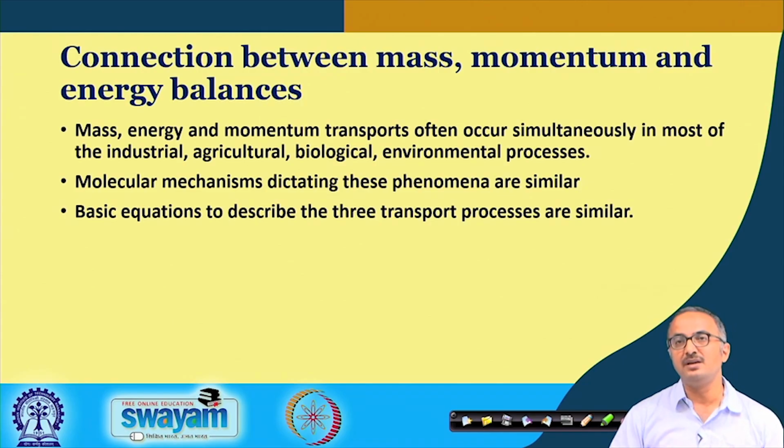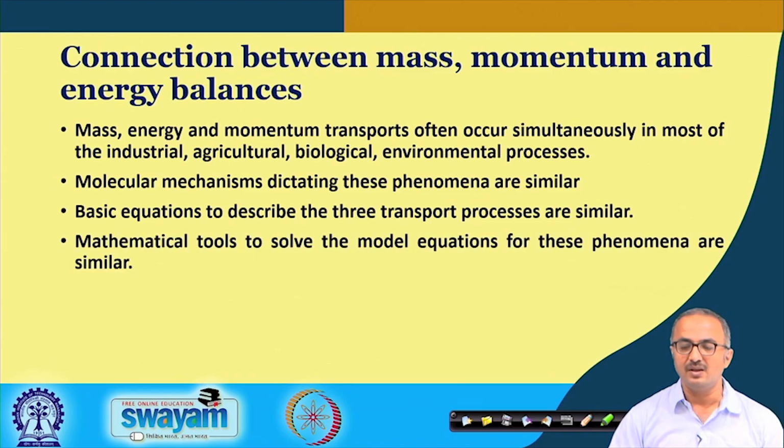So, if we know how to solve a particular set of equations, we can adopt a similar methodology to solve another type of equation. All these mathematical tools to solve these model equations become similar because the original balance equations are mathematically similar.